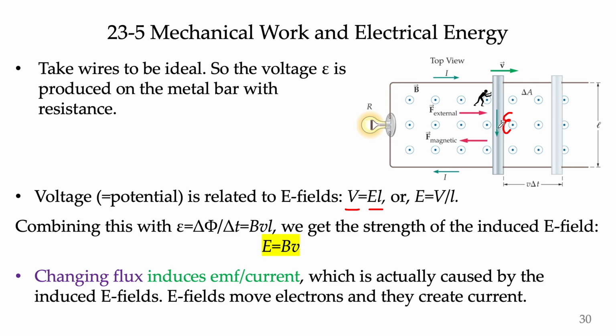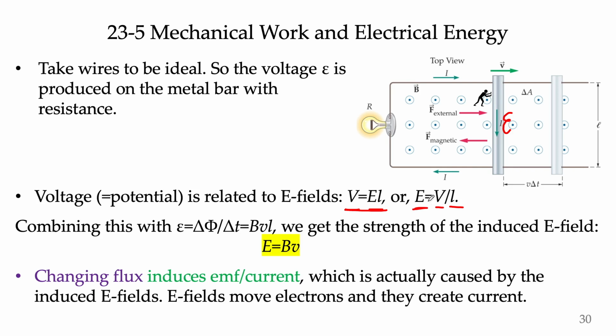So how can we find the electric field strength if we know the voltage across some part of the wire, basically the rod? The formula is V equals E times L, and you can find the electric field by dividing the voltage by the length of the wire. Here it's going to be the length of the rod.